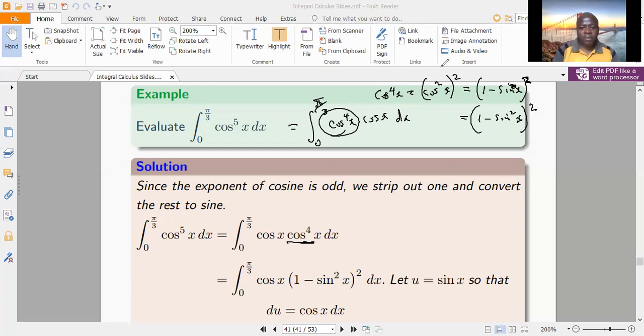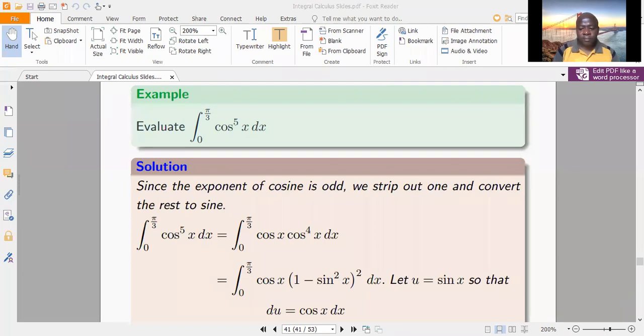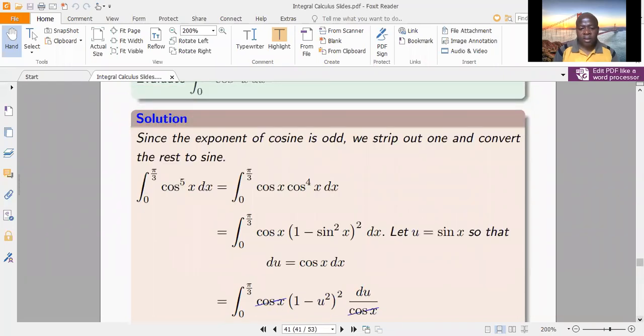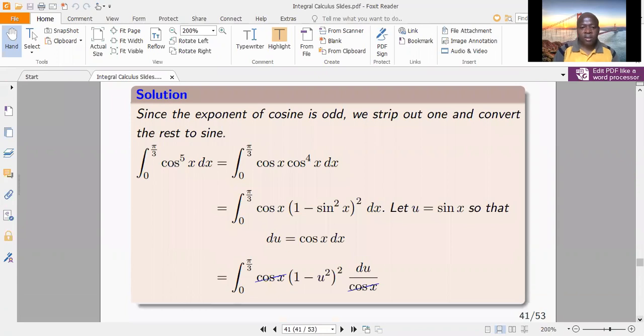I'm supposed to substitute this dx. So I begin by saying that let u be sine x. Now, if u is sine x, differentiate on both sides to have du is cos x dx, and make dx the subject of the formula, which will be du over cos x.